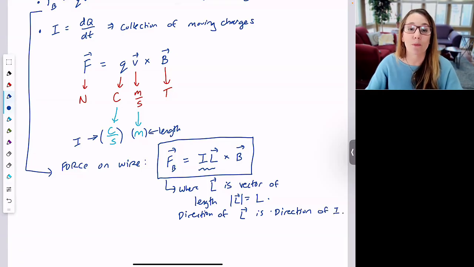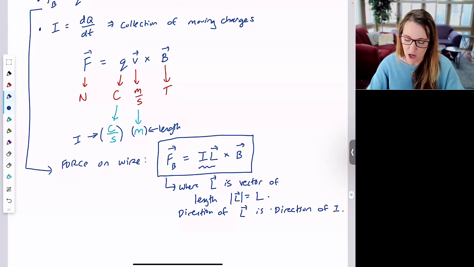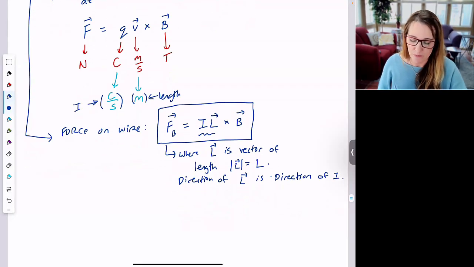It's just something that we do to keep everything mathematically correct and not start to define I as a vector. But the direction of L is in the direction of the current at some given point.